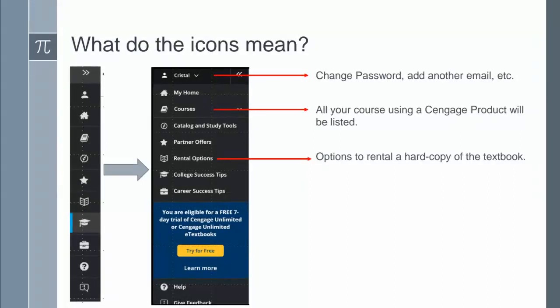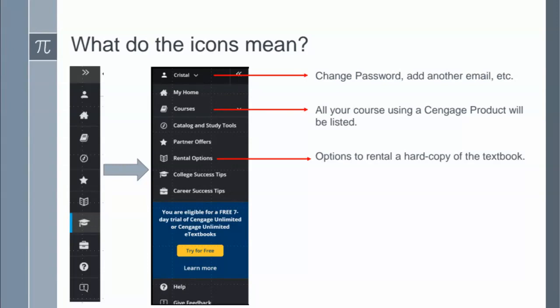And also, I get this question a lot. Okay, some of you guys don't like the ebook. Some of you guys like to have a hard copy book. So you're able to rent one. Okay, I believe it's only $7 to rent a book. And again, they'll mail it to you, and then you'll have to mail it back.